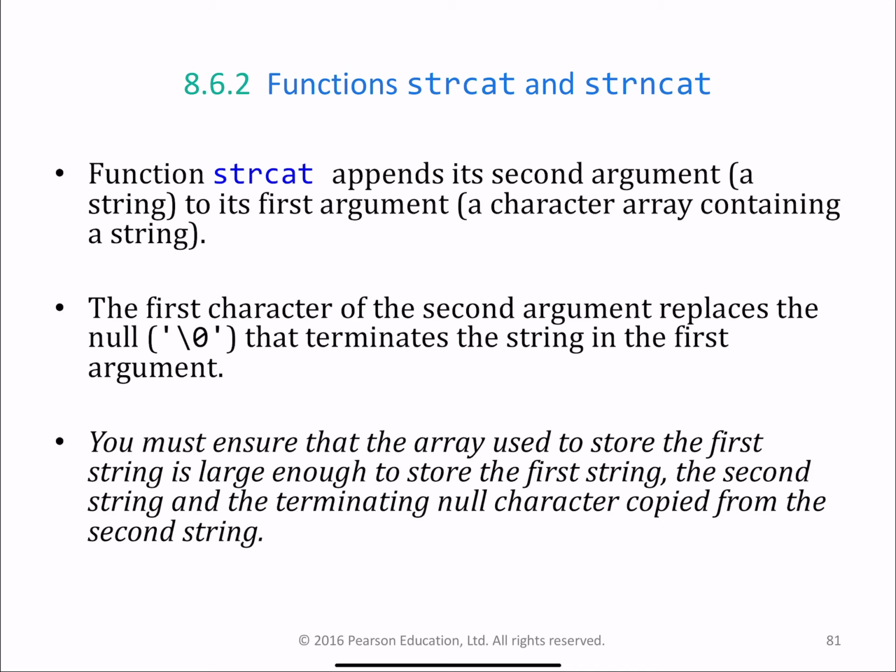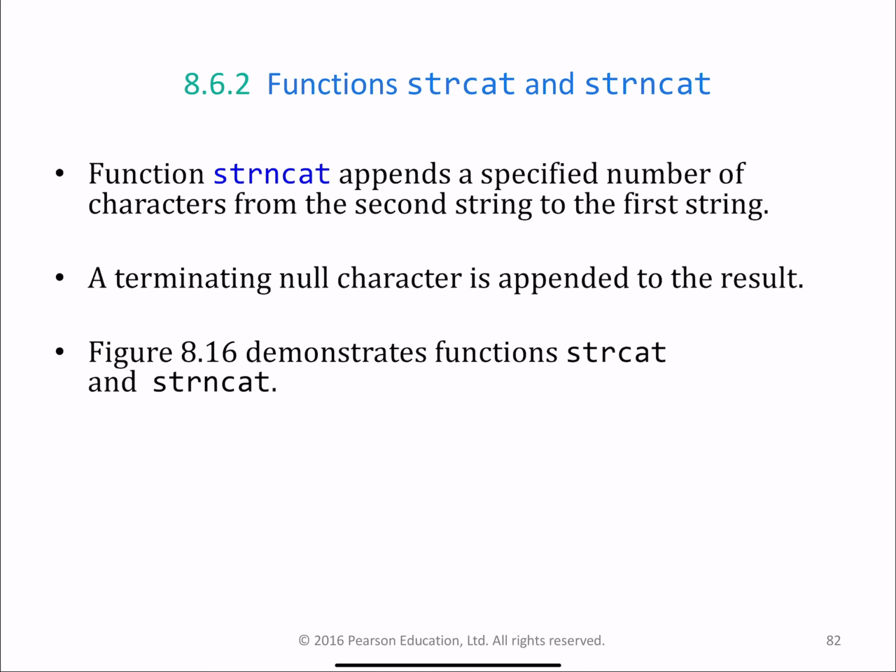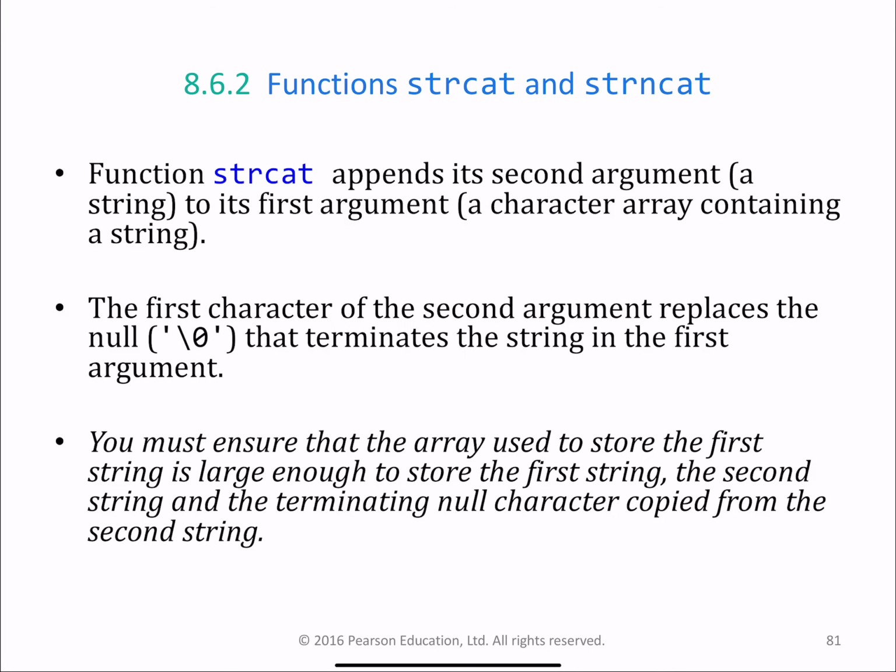The other two functions were the strcat and strncat functions. The strcat function appends the string in the second argument to the end of the string in the first argument.